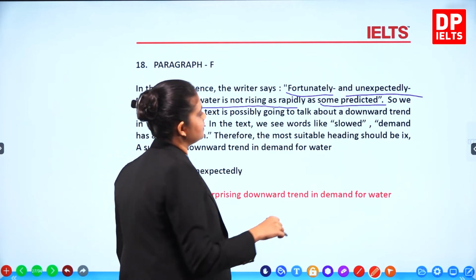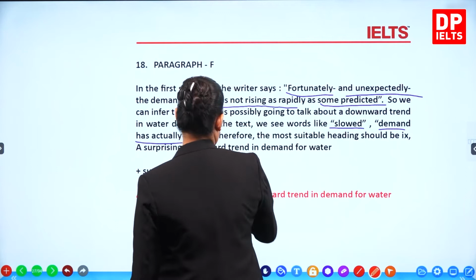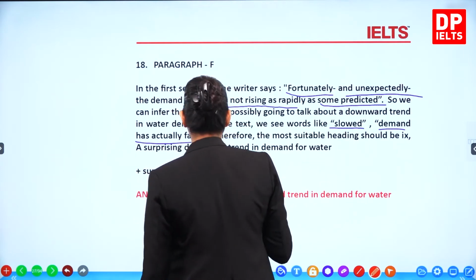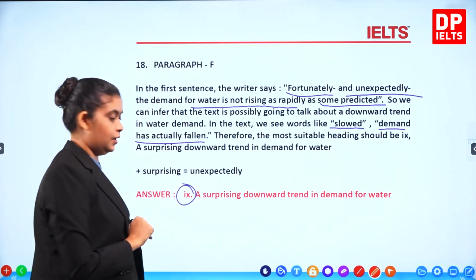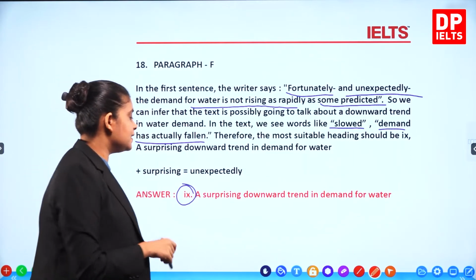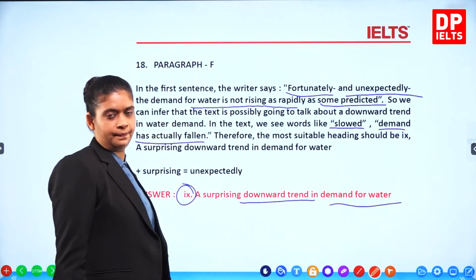In the text, we can see words like slowed, demand has actually fallen. Therefore, the most suitable thing should be 9. Okay, a surprising downward trend in the demand for water.